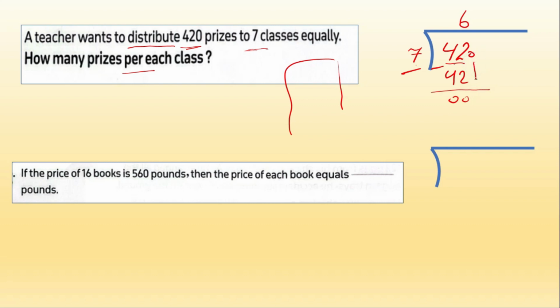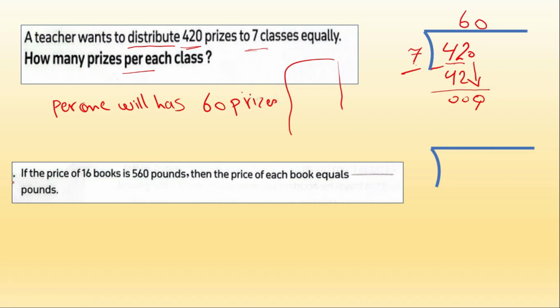No. Let's drop 0. Don't forget to drop the next number, which is 0. 0 divided by 7 equals 0. So each class will have 60 prizes.